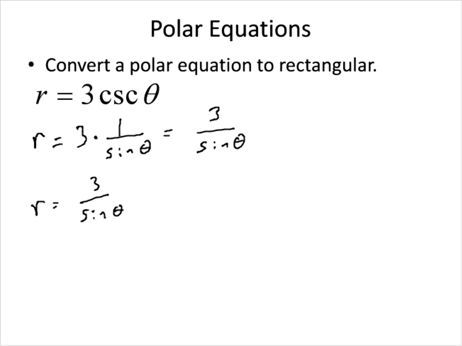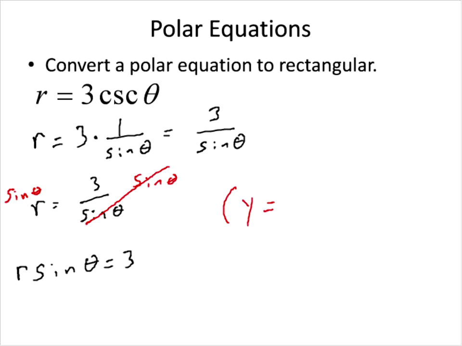Okay? So I have r equals 3 over sine theta. How about I multiply both sides by the sine of theta? So I'm going to multiply the left side by the sine theta and the right side by the sine of theta. And of course, these are going to cancel on the right-hand side. So I'll have r times the sine of theta is equal to 3.